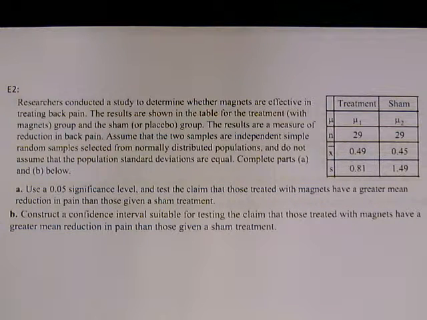So here in part A, using a 0.05 significance level, test the claim that those treatments with magnets have a greater mean reduction in pain than those given a sham treatment. And part B, construct a confidence interval suitable for testing the claim that those treated with magnets have greater mean reduction in pain than those given a sham treatment.